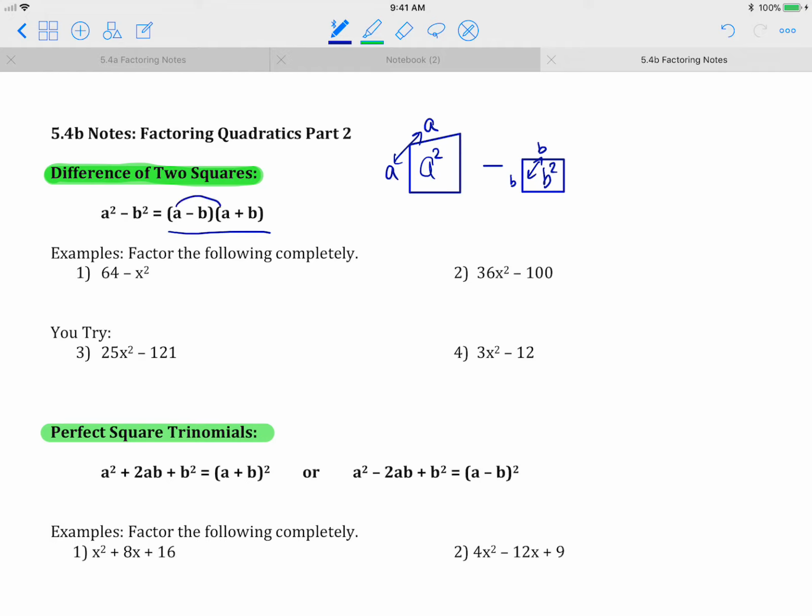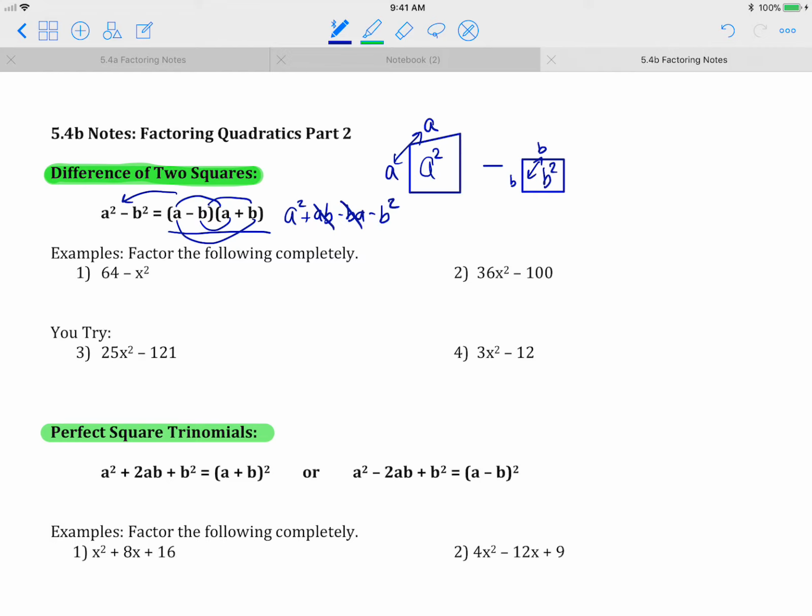If you did FOIL, first, outer, inner, last, it would equal this right here. Why? Because the middle two terms cancel out. You get a squared, positive ab, negative ba, and negative b squared, and these cancel right there, okay? So that is why it works.